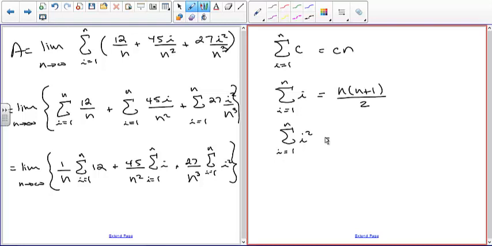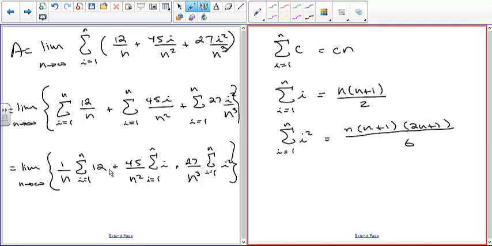I don't remember, so I'm going to have to look it up. It's like n times 2n plus 1 times something or other. Okay, here it is on page 260 in your book. So this one is n times n plus 1 times 2n plus 1 divided by 6. Okay, so those are the formulas that we were given.